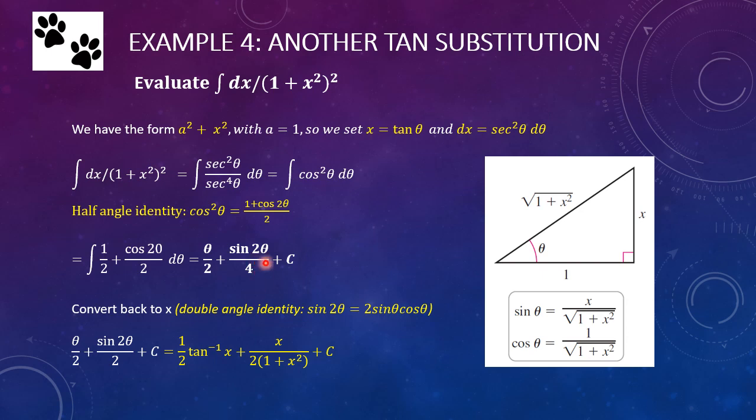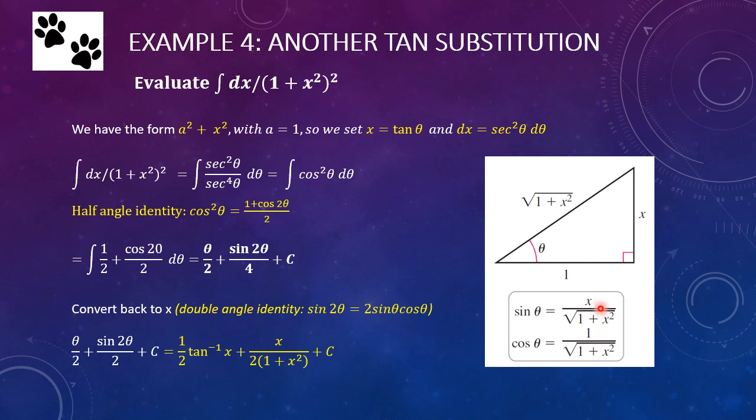And then here we're just multiplying 2 times the sine of theta over the cosine of theta. And so we have all of this over 2. We're multiplying it by 2, and then we have x over the square root of 1 plus x squared times x over the square root of 1 plus x squared.